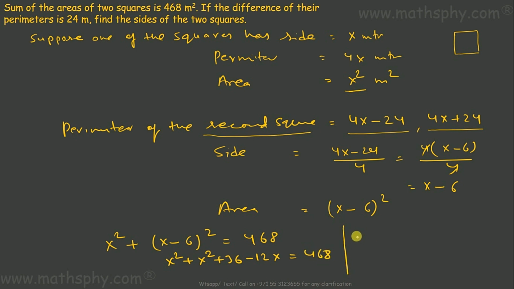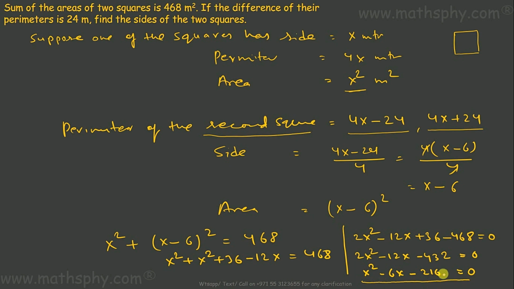So this would be 2x square minus 12x plus 36 minus 468 equals to 0. So this would be 2x square minus 12x minus 432 equals to 0. Let's take 2 as common. So this will be x square minus 6x minus 216 equals to 0.